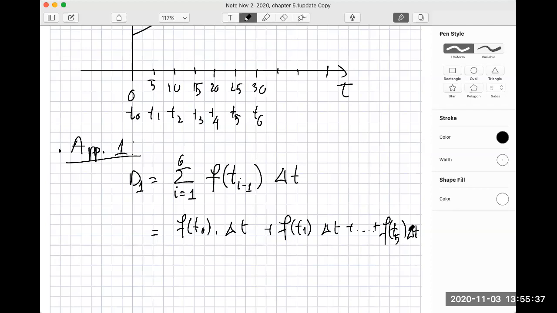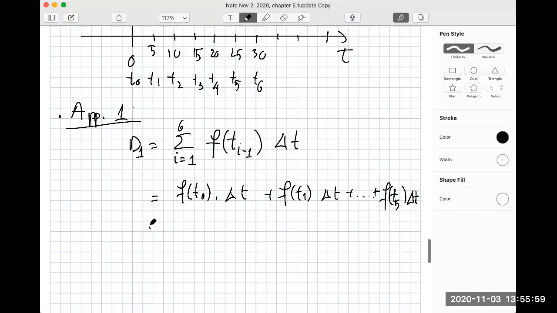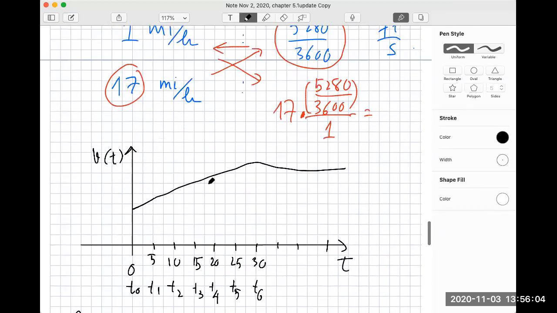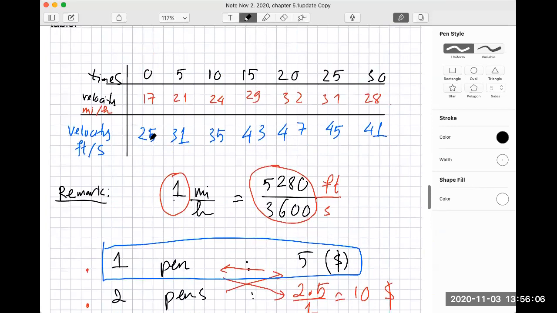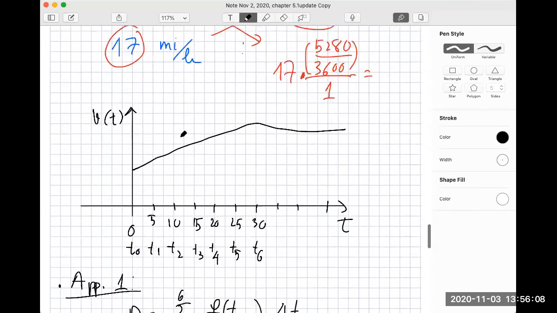So then we know the values, right? Just plug them in and we can compute the value. Is the idea clear? Then go home and double check if it is equal to, yeah, it's 25, 31 here, right?